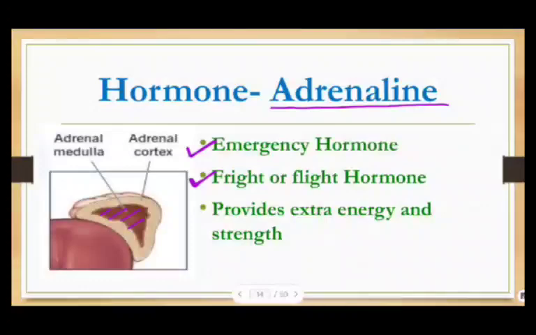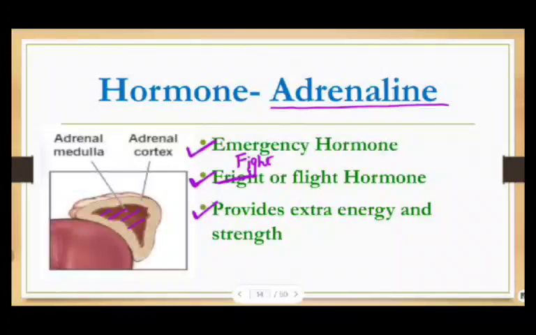When this hormone is secreted, it provides extra energy and strength. It alerts your muscles and your brain to act, and that's how it is called the emergency hormone. Why is it known as the fight or flight hormone?